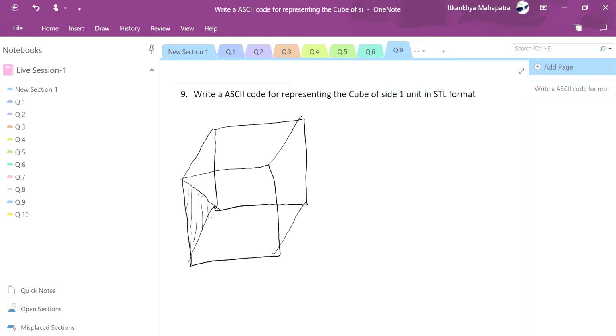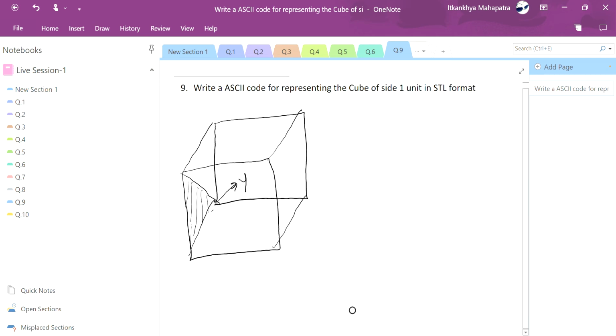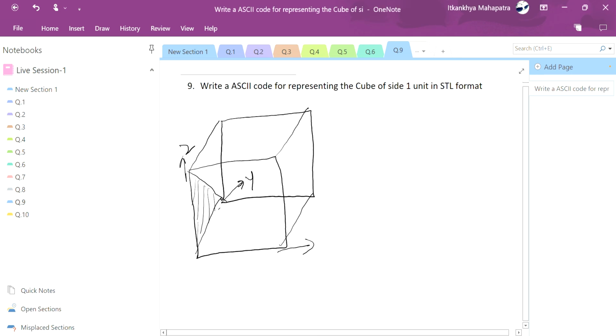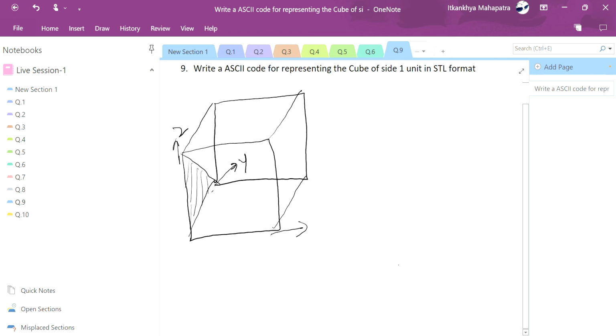We have to show this side. Now I will put the axis. This will be y, x and z. Okay.